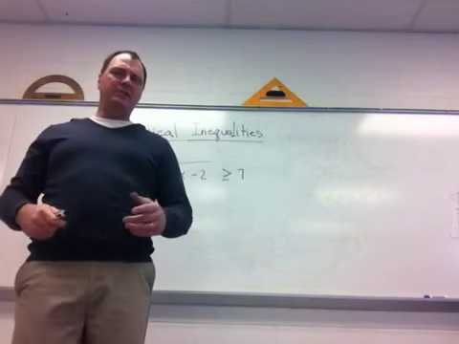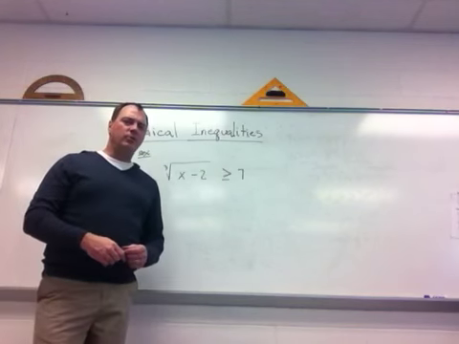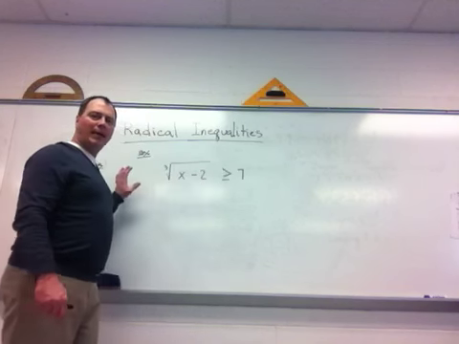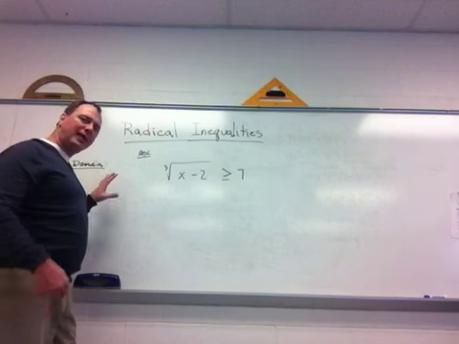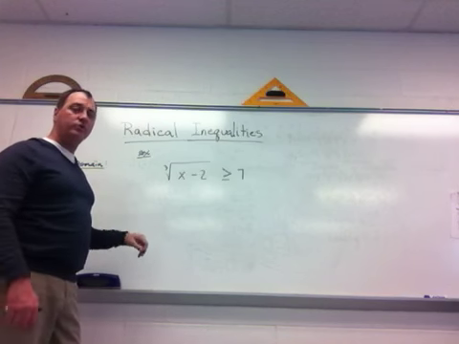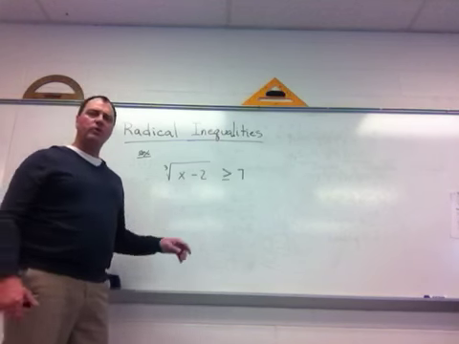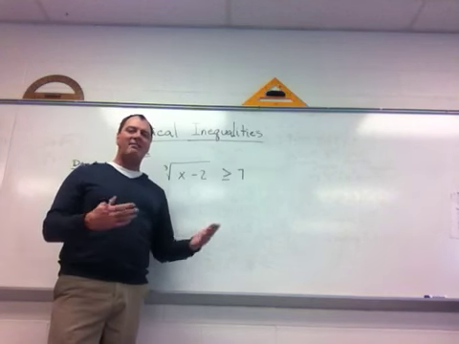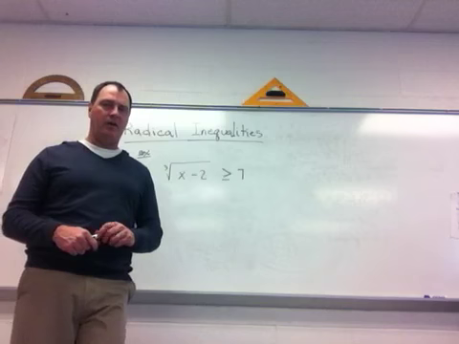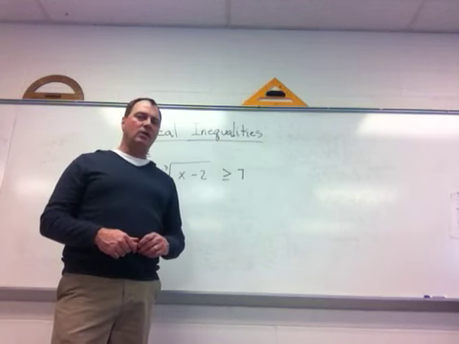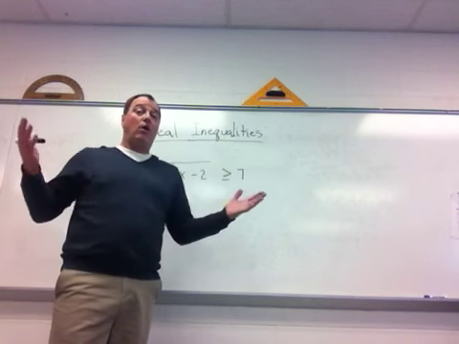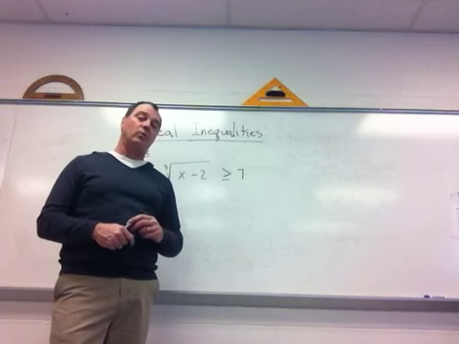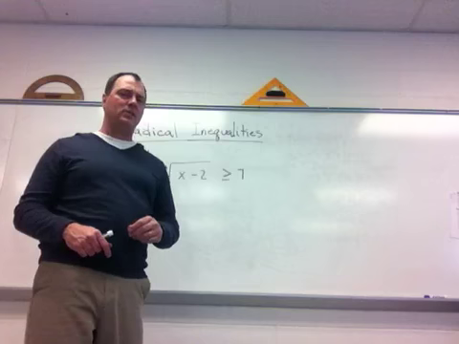Here's the thing: with cube roots and any odd root, you don't have to worry about the domain so much. The domain was restrictive with square roots, or even roots. Cube roots or odd roots are a lot nicer to work with because you can have negatives underneath a cube root. And so all real numbers would be my domain for this particular one. So I don't have to worry about that domain stuff as much.